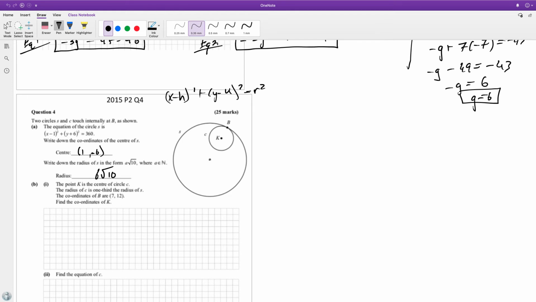So our center in here is the point 1, minus 6, and our point out here is the point 7, 12. So you are jumping from 1 to 7, which is a jump of 6, and you're jumping from minus 6 to 12, which is a jump of 18.